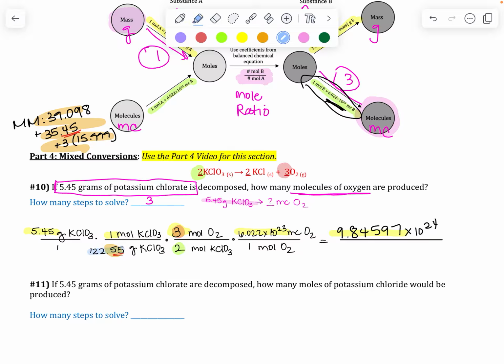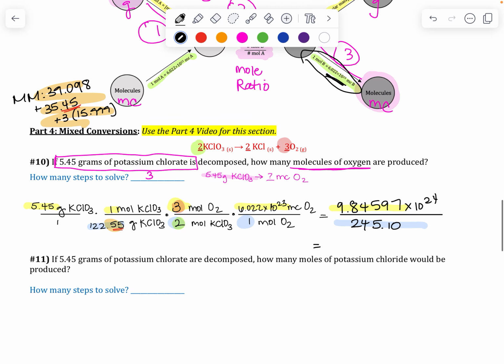So 122.55 times 2 times 1, and so we are dividing by 245.10, and then we get 4.017 times 10 to the 22. I need to look at my sig figs because this continued on in my calculator.